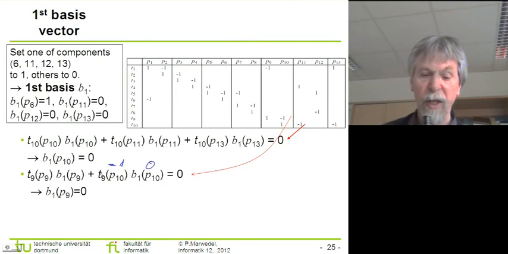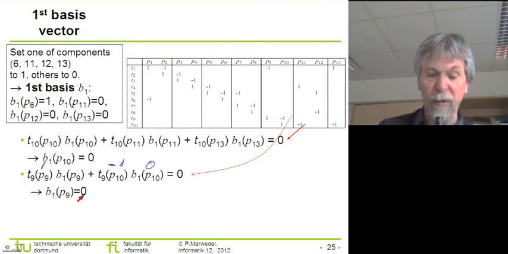And then we have B1 of P9, that's the component that we would like to compute. And we have T9 of P9, that's the other entry, and that is a 1. So it's obvious that the second term is equal to 0. For the overall sum to be equal to 0, it's therefore required that this component of the first basis vector is also equal to 0.